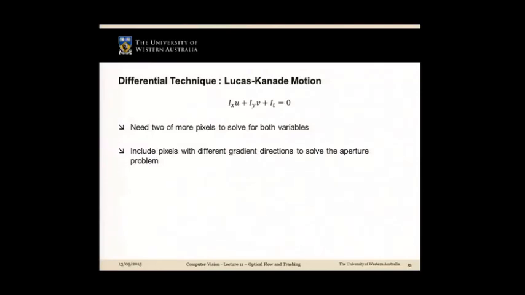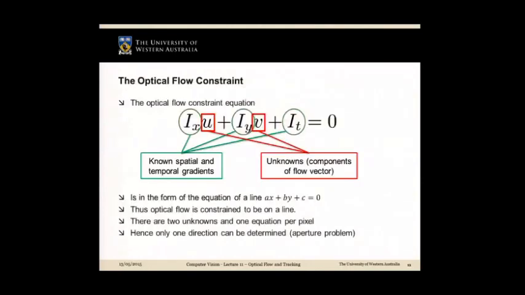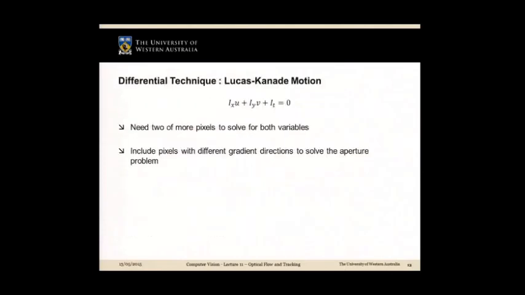If we go back to the equation, it says there are two unknowns and one equation per pixel. So this equation is for one pixel. If you have two or more pixels, you will have multiple equations, and having multiple equations and two unknown variables, you can easily solve them. Include pixels with different gradient directions to solve the aperture problem.